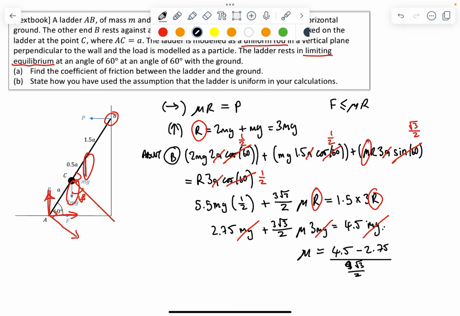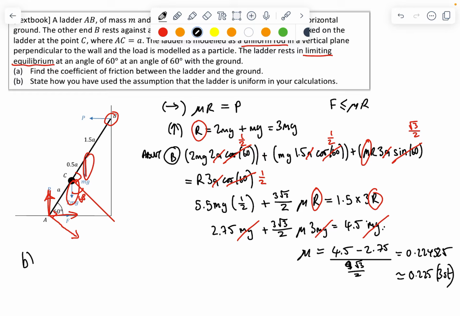So that's 9 root 3 over 2. And when I put that into my calculator, I get 0.2245525, which is 0.225 to 3 significant figures. And that's my coefficient of friction.